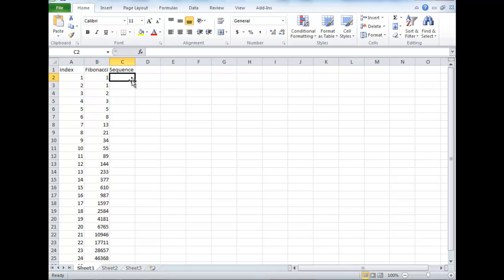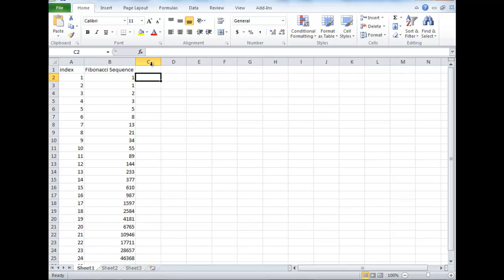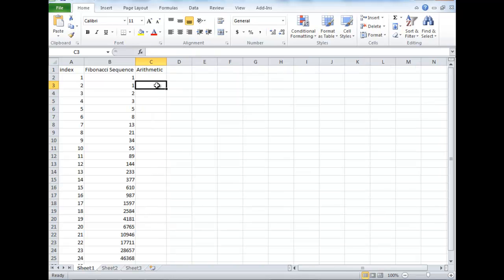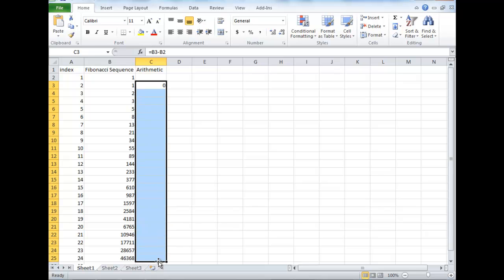So, is this arithmetic? No. Are you sure? Yes. How do you tell? 0 and then 1 and then, there's not a common difference. Well, let's just check. What can you tell me about the common differences?